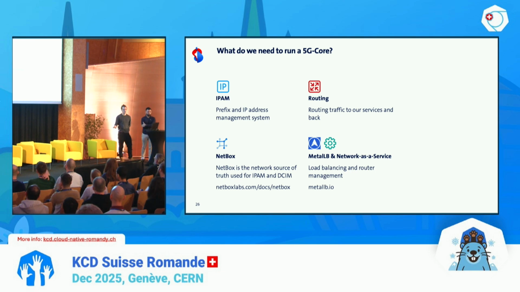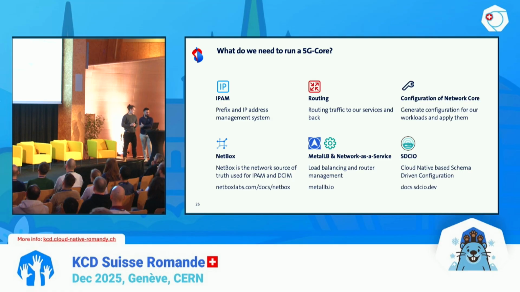This is an internal network as a service, which is basically an API we can use, and it programs all the switches and routers in the backend. And then we need the configuration. For the configuration, we use SDC, schema-driven configuration. It's a new open source tool developed by Nokia, which we also co-develop with them, and it pushes the configuration using NETCONF to our CNFs.